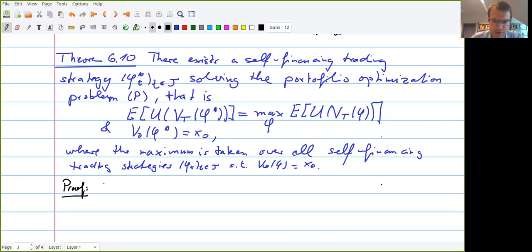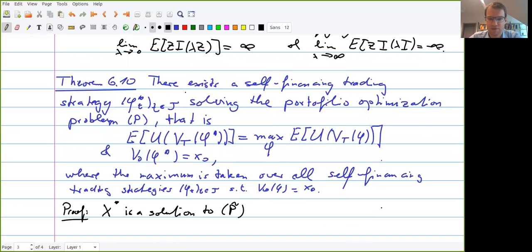So we take our X star, which is a solution to this. So this X star is exactly what I derived here. And this is the solution, by taking our proposition on the existence of a global minimum, to our convex minimization problem. So this is nice.